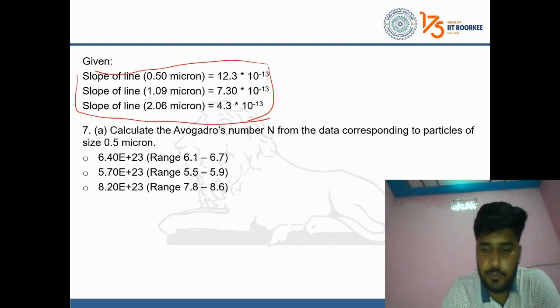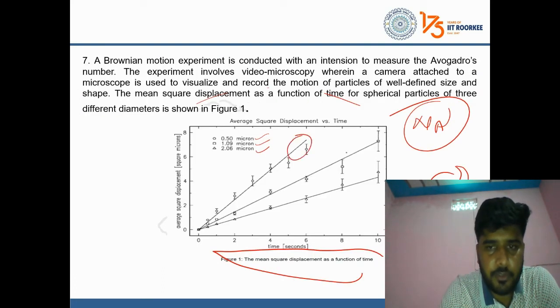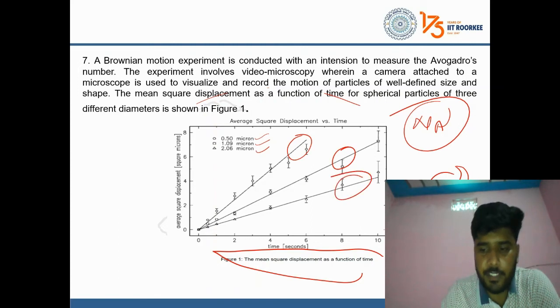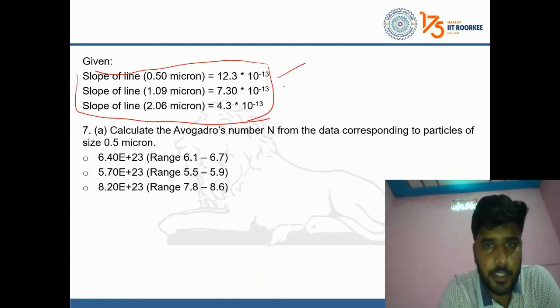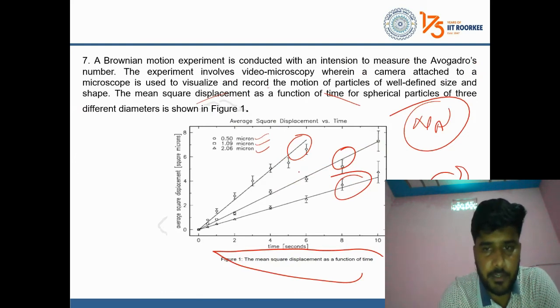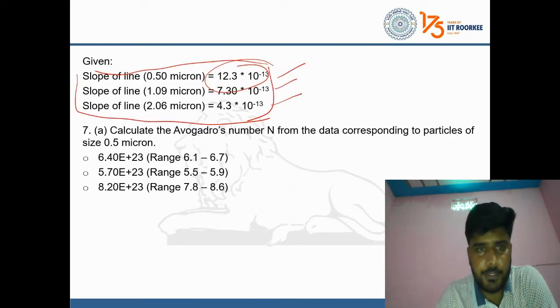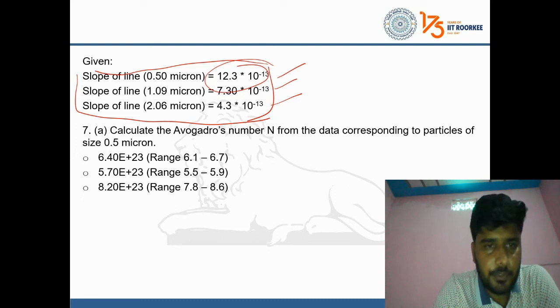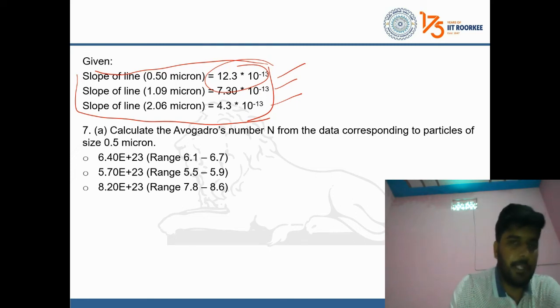Okay, so the slope of every line is provided here in the question. Okay, so the first line has the larger slope value, and the second and the third. Okay, this is okay with the graph. And first is to calculate the Avogadro number from the data corresponding to the particle of size 0.5 micron.